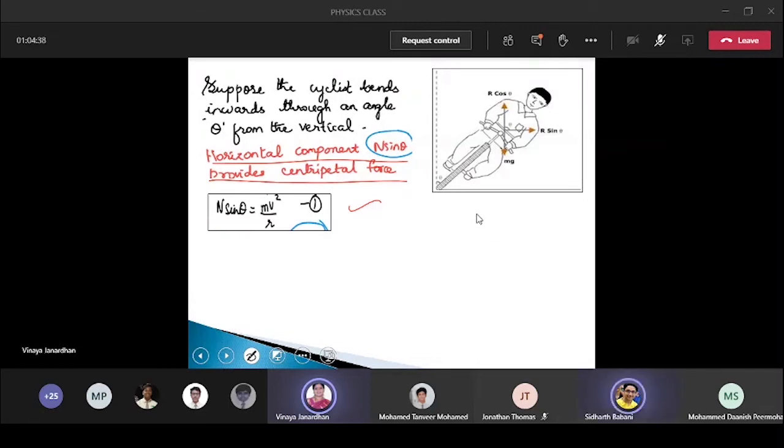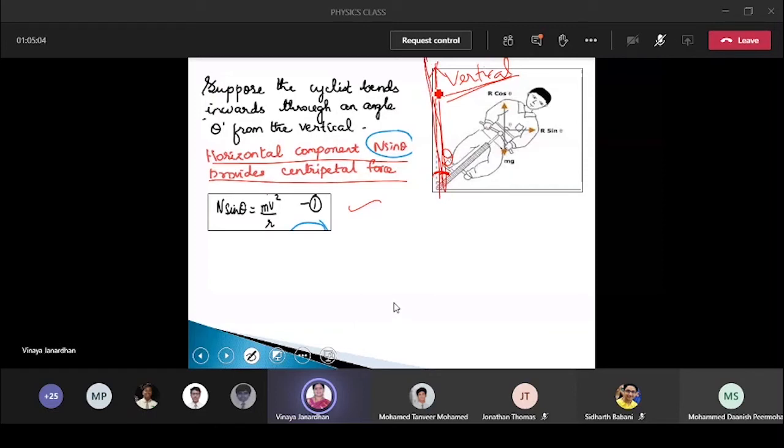Ma'am, do we have to write suppose? Okay, fine, because you should know what theta is. Suppose the cyclist bends inwards to an angle theta from the vertical. Look at this. This angle is theta, and this is vertical. Can you identify? So the cyclist is bending to an angle theta with respect to the vertical.